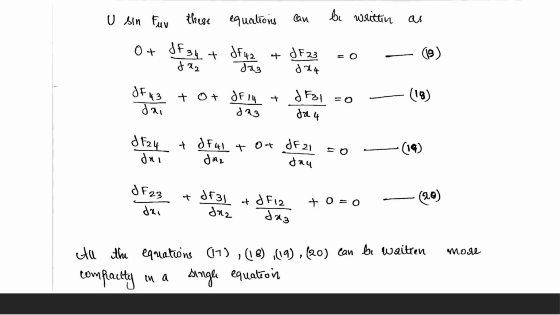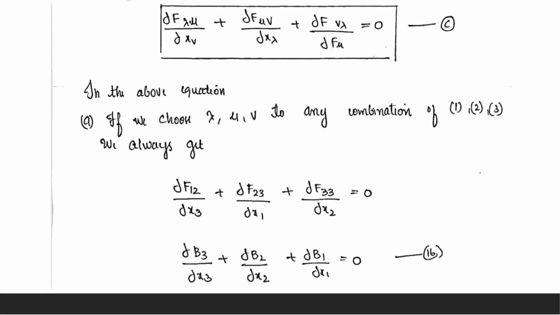All these equations 17, 18, 19, 20 can be written more compactly in a single equation. That is ∂F_λν by ∂x_μ plus ∂F_νμ by ∂x_λ plus ∂F_μλ by ∂x_ν is equal to 0.